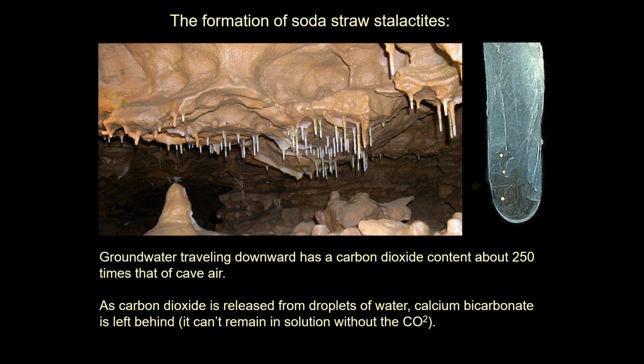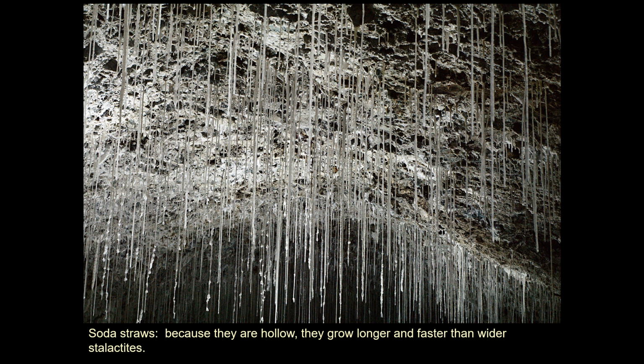Here's a close-up view of a soda straw, and they're hollow. Water goes down through the center of it, and water also drips along the side of it. Again, as that carbon dioxide is released and that water evaporates, it leaves behind a little bit of that material to form the stalactite. Here's a lot of soda straws, and they're pretty delicate, as you can see.